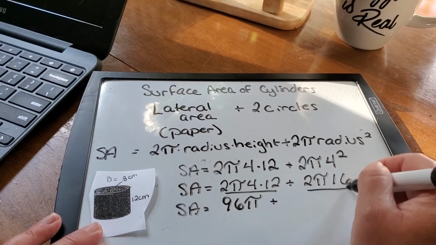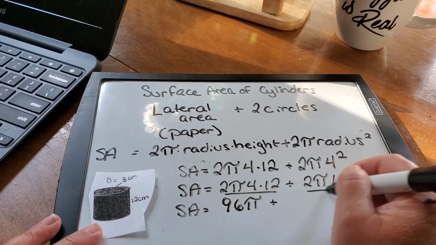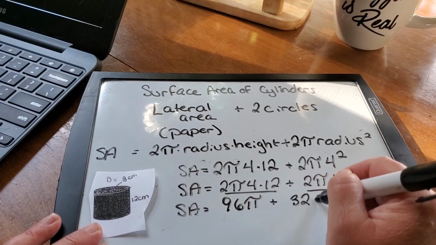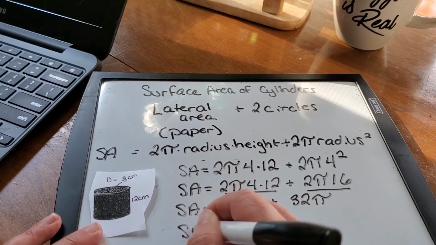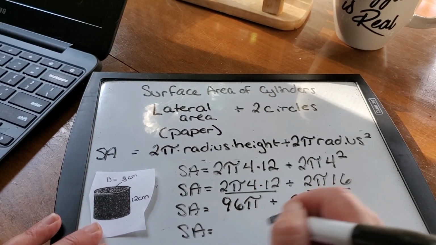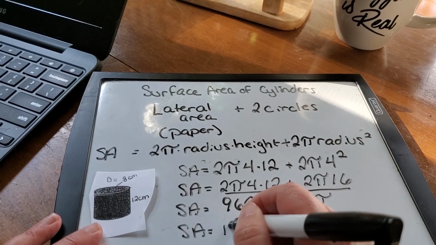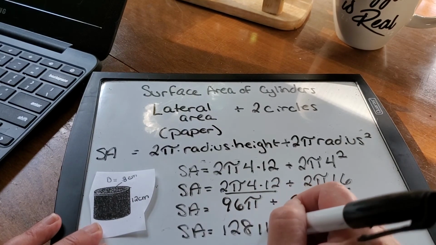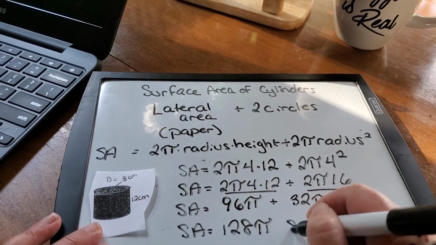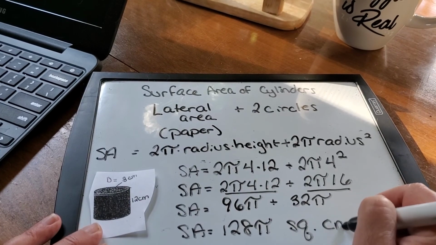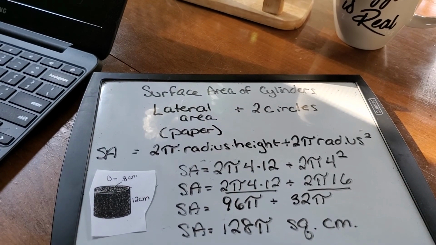Over here, 2 times 16 is 32, so this whole thing is 32 pi. Add them together. 96 pi plus 32 pi is going to be 128 pi, and that has a label of square centimeters.